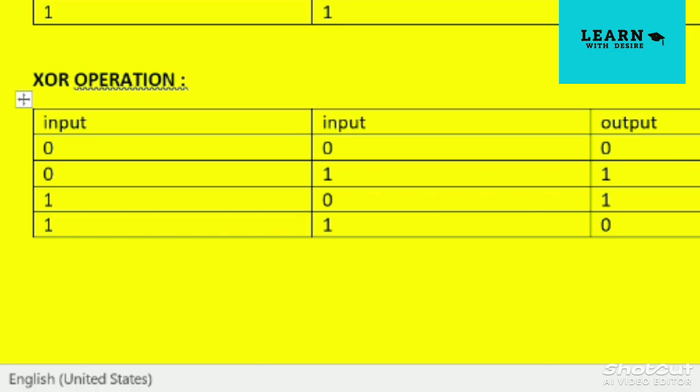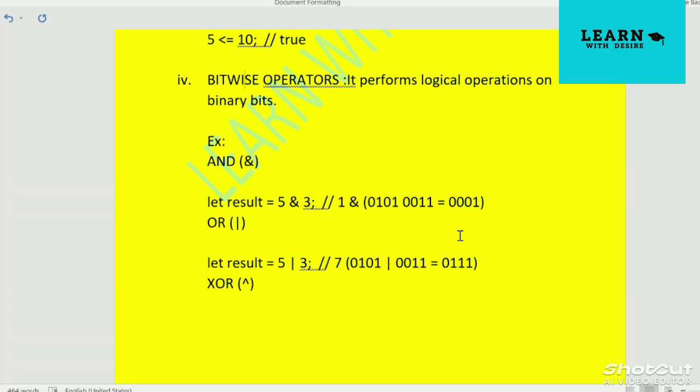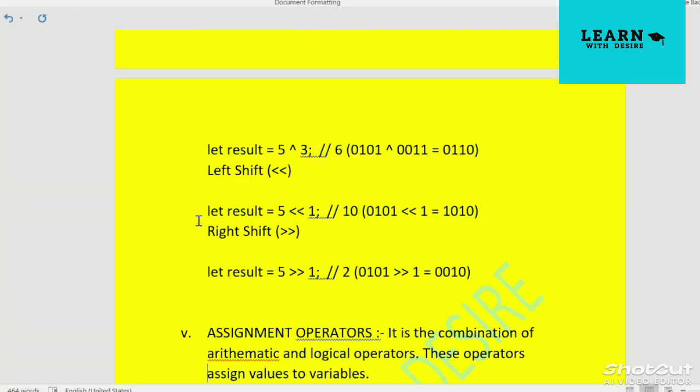And now let us see what is the next operator. Here, the left shift operator. The left shift operator shifts the binary bits toward the left. Here you can see the binary value of 5 is 0 1 0 1. Here I have taken how many times the shift should occur.